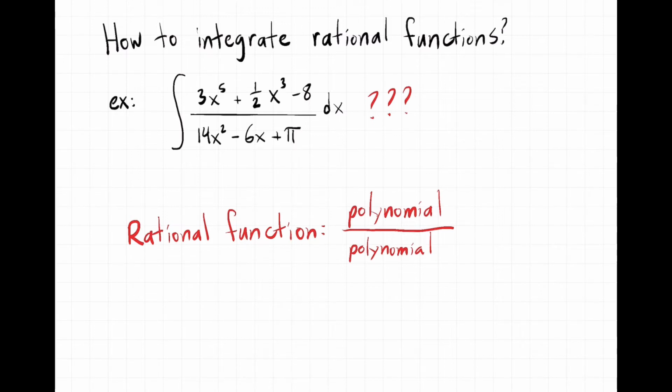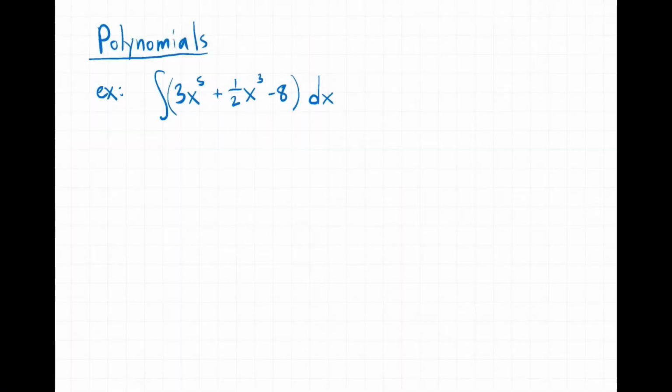Well, let's think about what kinds of rational functions we already know how to integrate. There are a few of them. There's one kind of rational function that we know how to integrate very easily, and that's polynomials themselves.